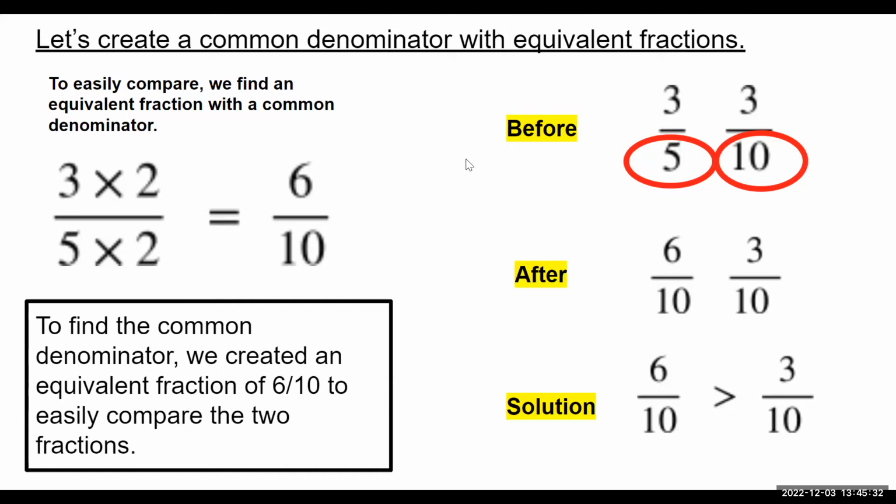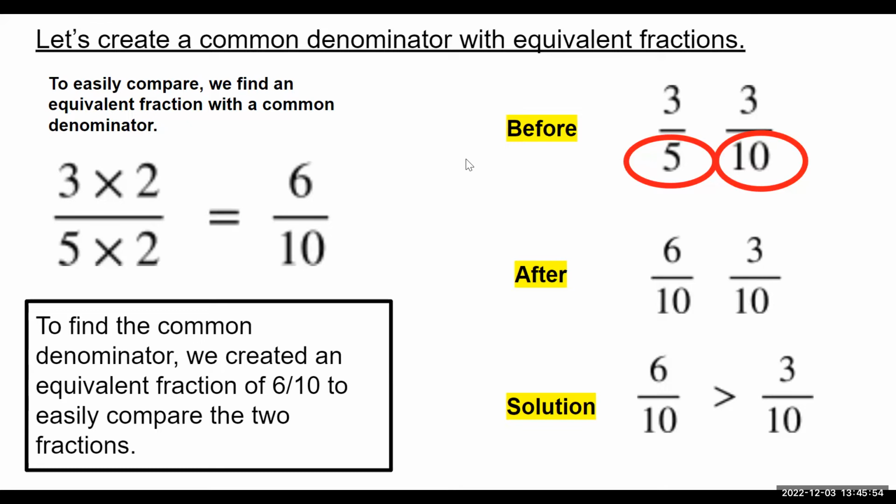If that's not the case, I'll show you a strategy later in the video on how your scholar can identify the relationship. But usually our scholars are able to identify the relationship quickly and figure out how to create a common denominator because they know their math facts.